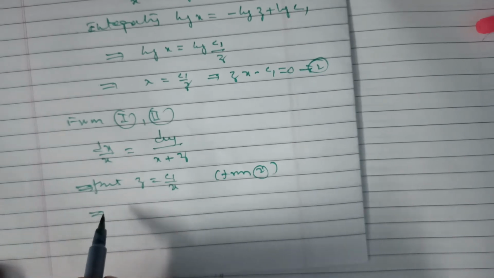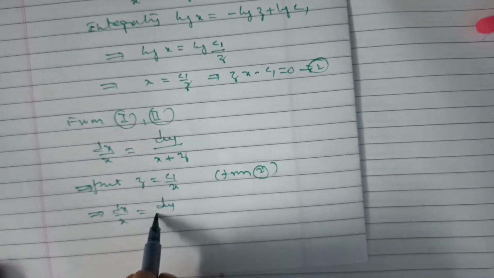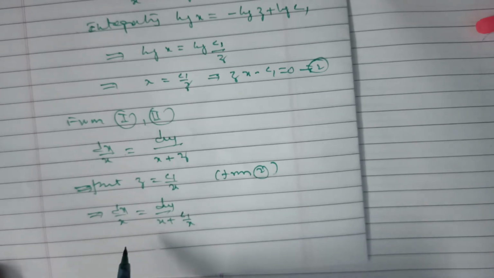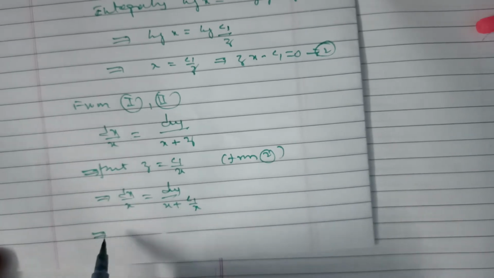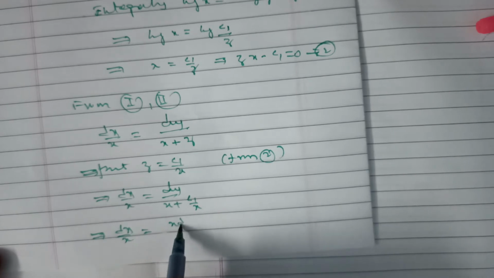This implies dx by x is equal to dy by x plus c1 by x, implies on simplification dx by x is equal to x dy by x square plus c1.